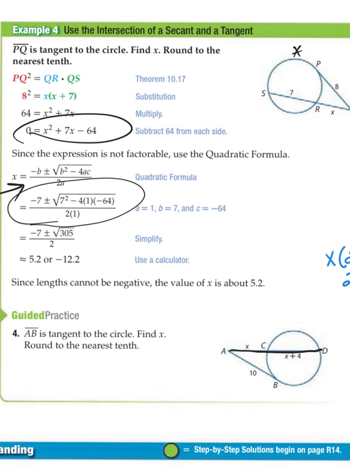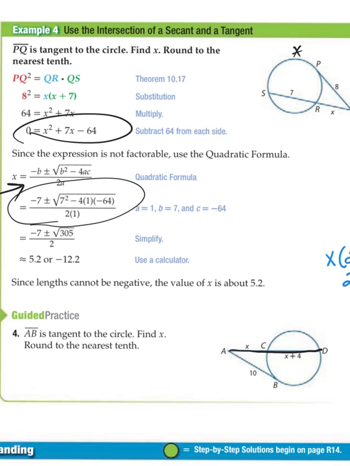So I'm going to have negative 2 plus or minus, okay, 204, 4 goes into that 51 times. So I'm going to get 2 root 51 over 2. And then this 2 will go into both terms in my numerator. So I'm going to have negative 1 plus or minus the square root of 51.